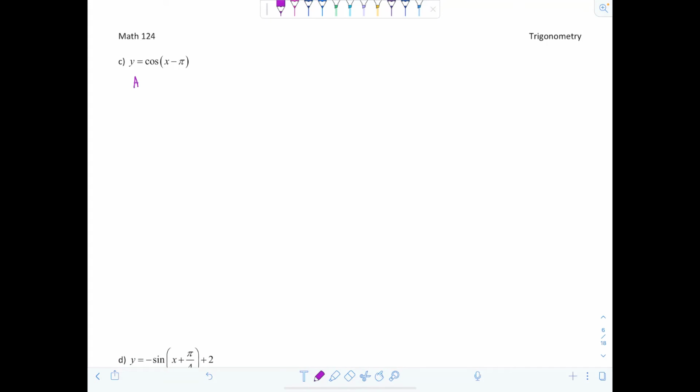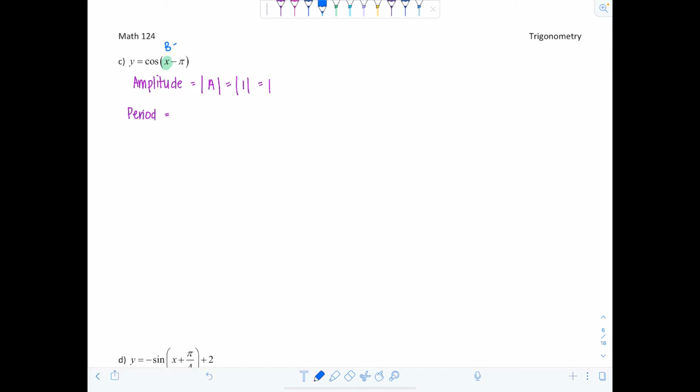So let's start off. Let's get the amplitude. So I don't see any special coefficient out front, which means a is just 1. Amplitude is absolute value of a. Absolute value of 1 is just 1. The period, let's see here. Do you see a coefficient in front of x? I don't see anything being multiplied by it.